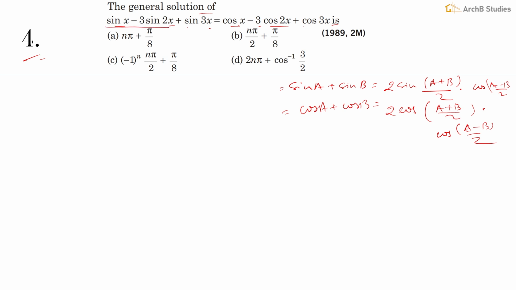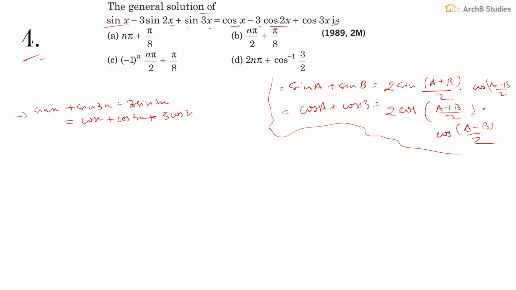Okay, so considering this side, we will apply this formula in this part. So now let's solve this one. First we will write sin x plus sin 3x minus 3 sin 2x equal to cos x plus cos 3x minus 3 cos 2x. Okay, now applying this formula in this part.